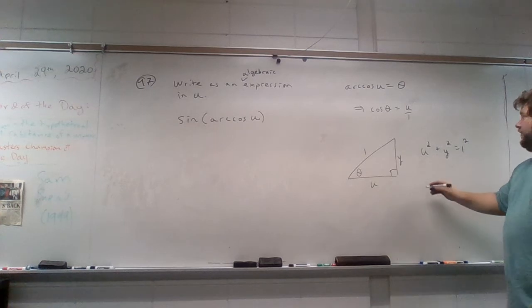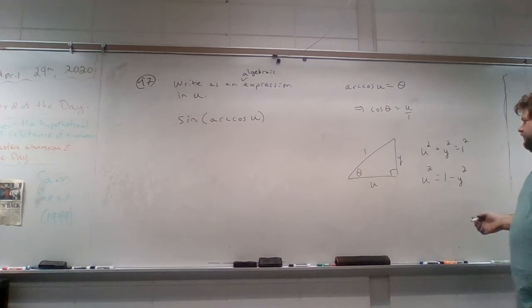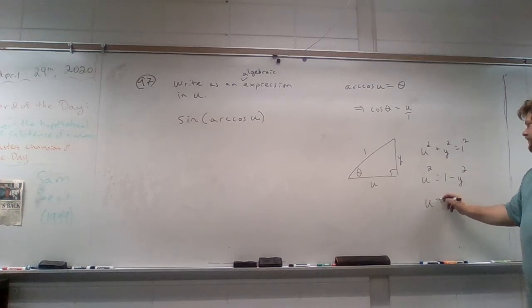So I have u squared is equal to 1 minus y squared. And then I would take the square root of that.